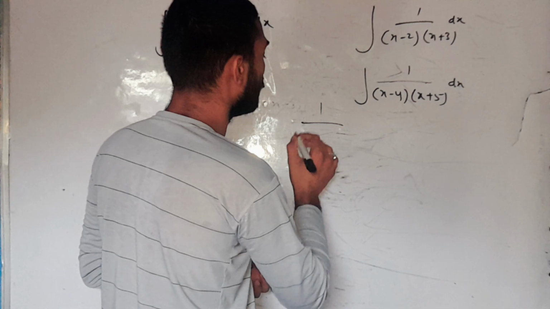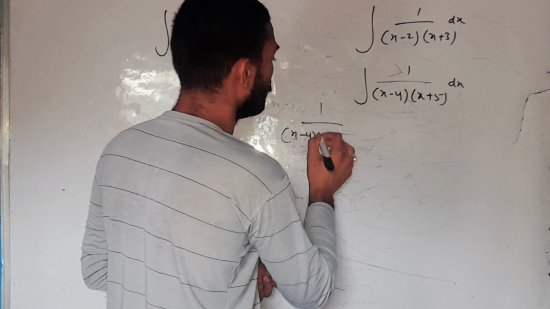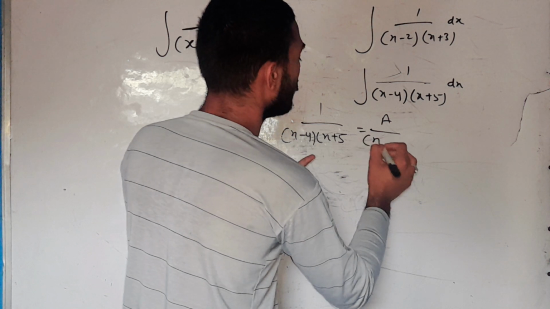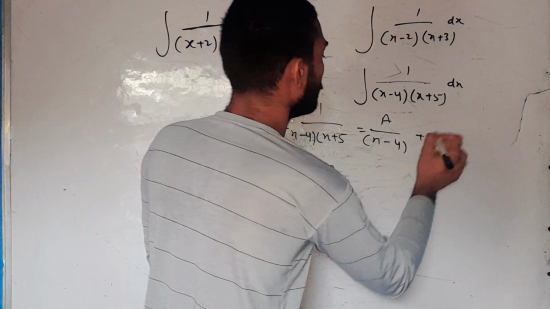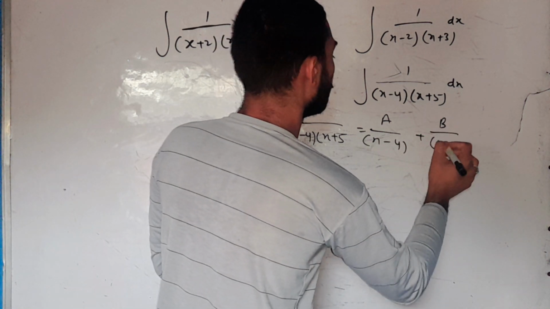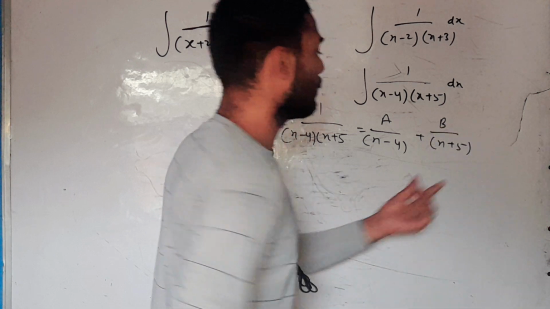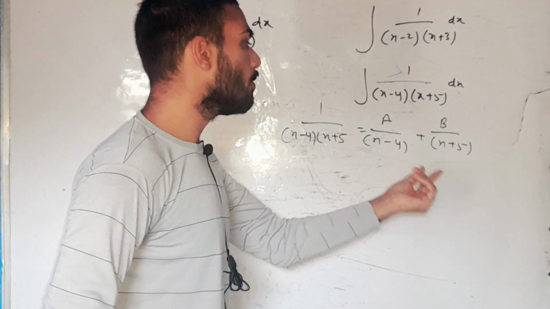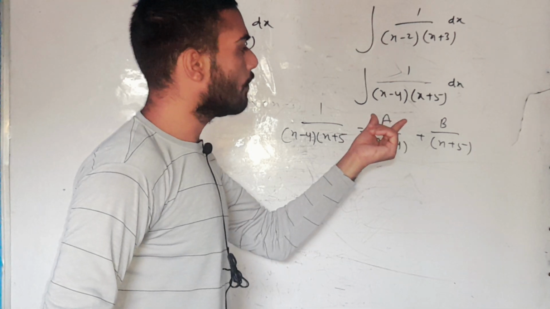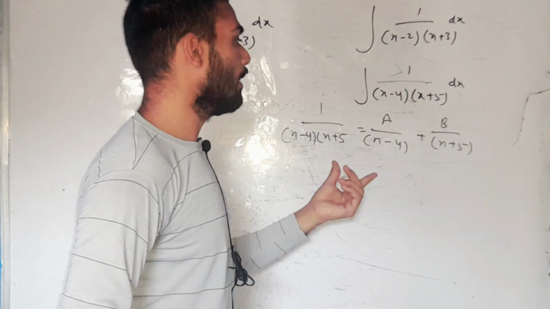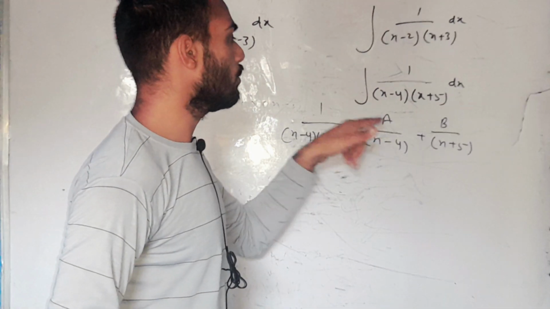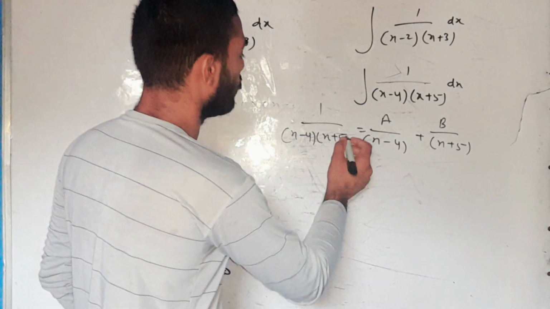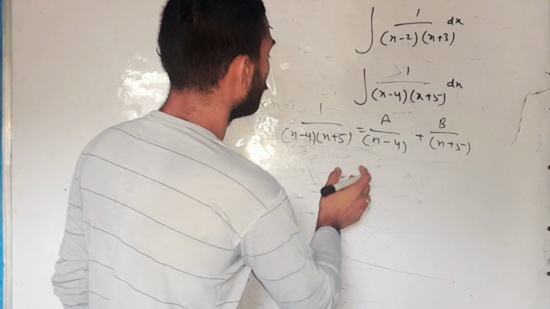We break this function down as A upon x minus 4 plus B upon x plus 5. We break the function by this format and solve it. We get the values of A and B, then we put these values in and integrate the function.